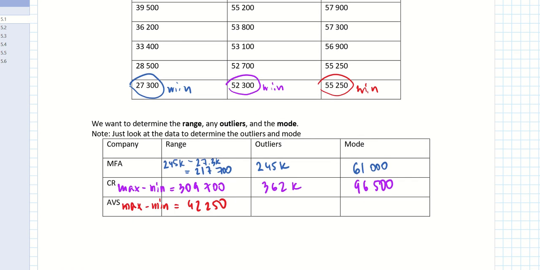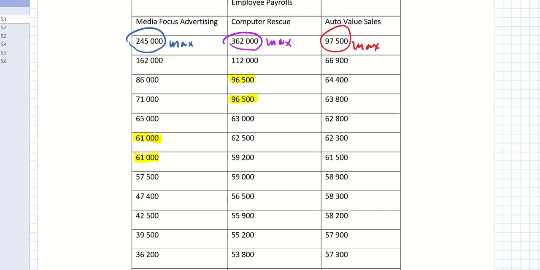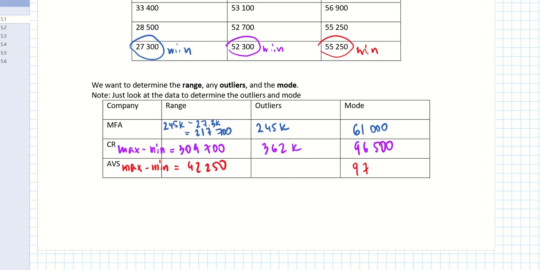But they're all fairly similar. So you can mention that these are fairly similar values. 97,500 seems to be the biggest one, but all values are within, let's say, 5 figures. So it's not a huge spread.